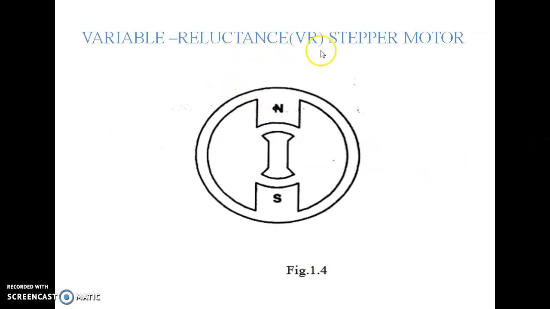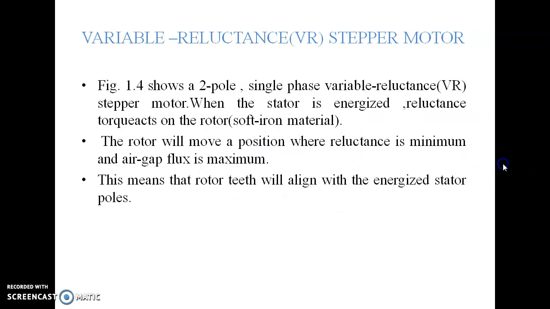Now this is the variable reluctance stepper motor. Here also this is the stator, this is the rotor. The stator is a two-pole stator. The rotor is also a two-pole rotor. Now, the variable reluctance stepper motor figure shows a two-pole single-phase variable reluctance stepper motor.